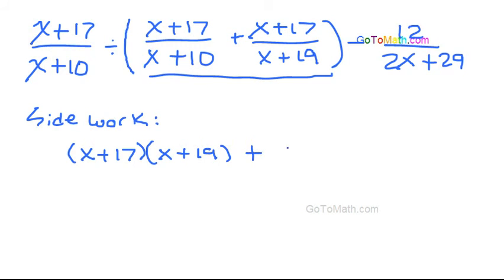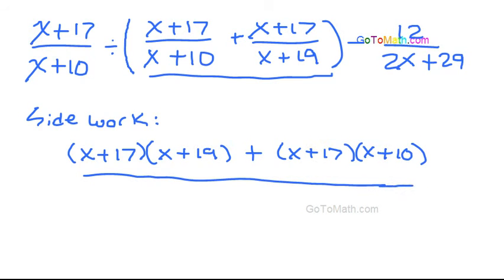And then we have plus x plus 17 times x plus 10. Okay. And then that's all over, and you know something? I see something here real quick. And then we multiply these two together, x plus 10 times x plus 19.